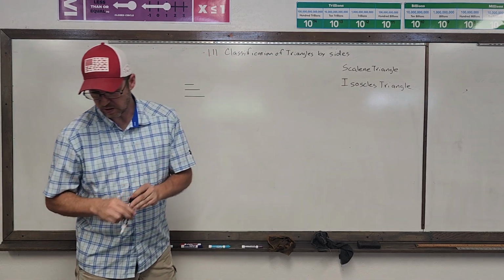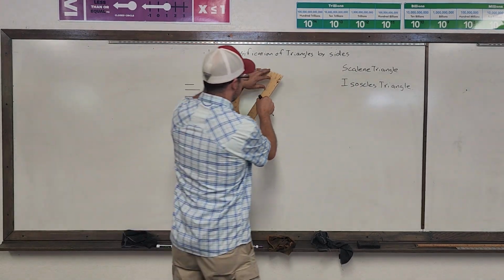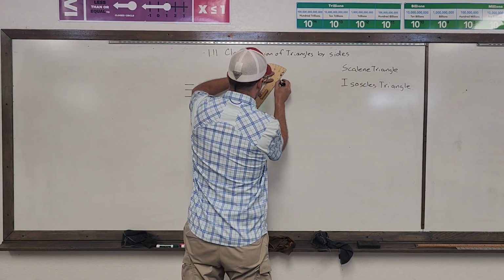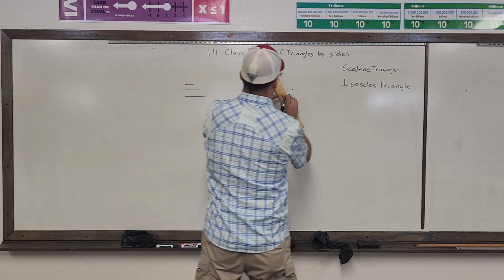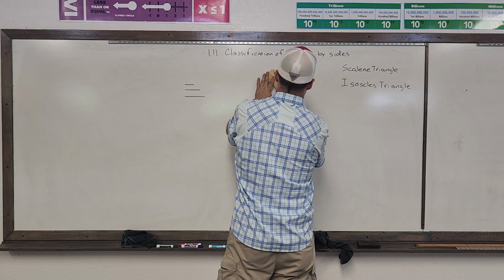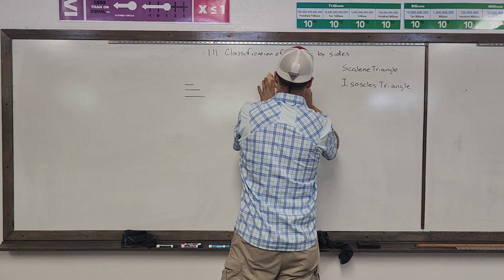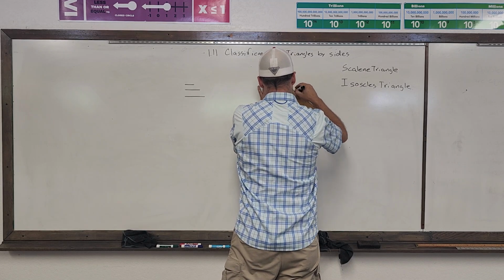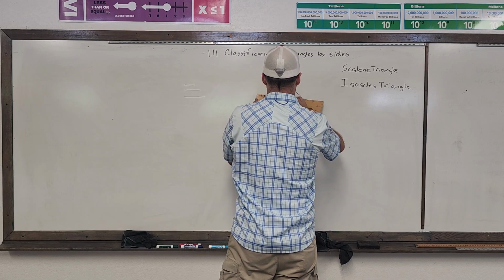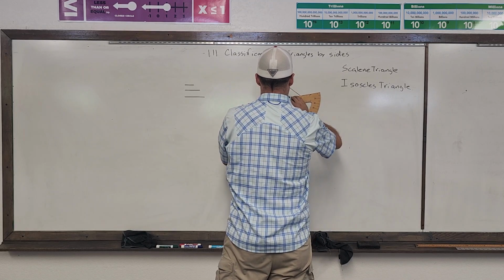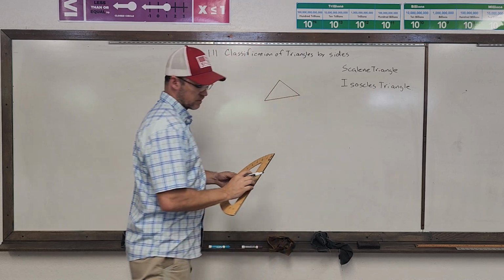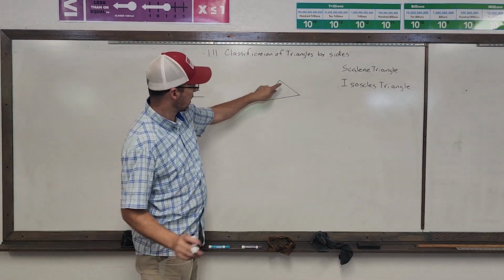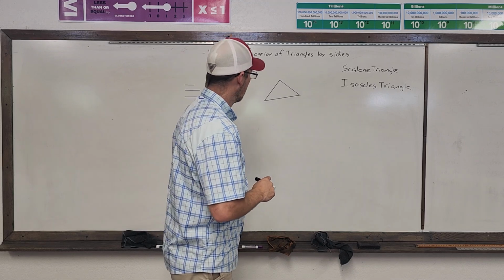So if I was to make that triangle, so I've done an isosceles triangle that this side and this side are the same length.